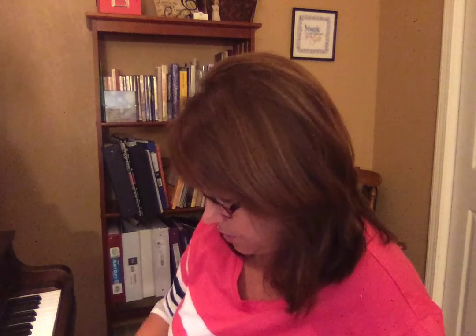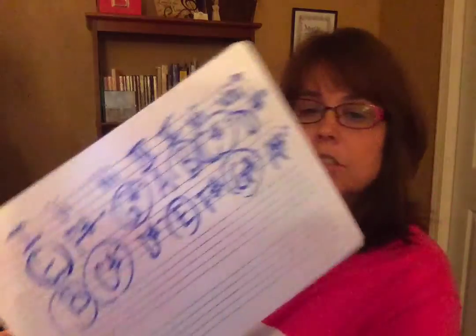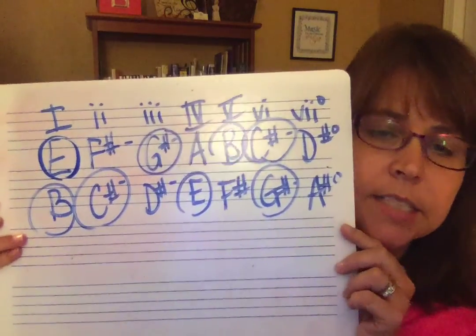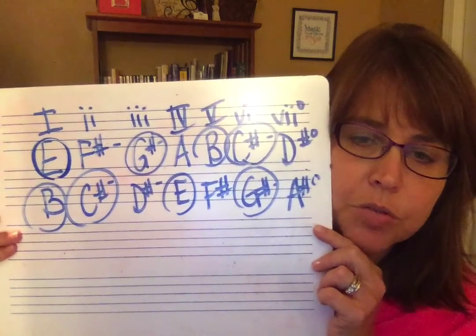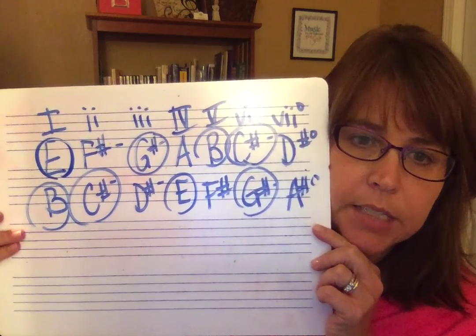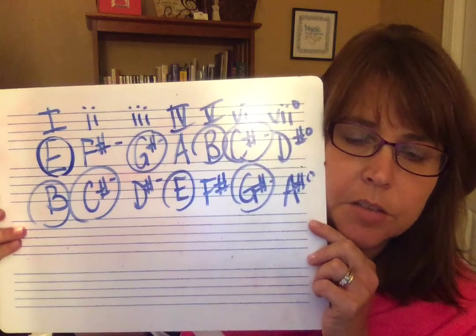So E major is common. All right. Let's see. G sharp minor, that's common in both. There's B, that's common. C sharp minor. See what I did? All I did is I circled the actual chords that are common to both keys. Okay, so hopefully that makes sense.